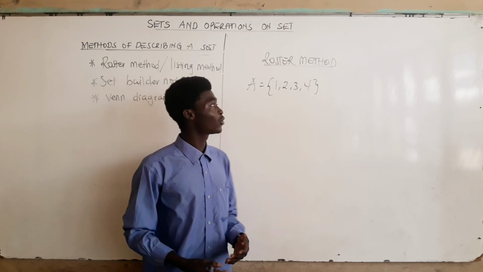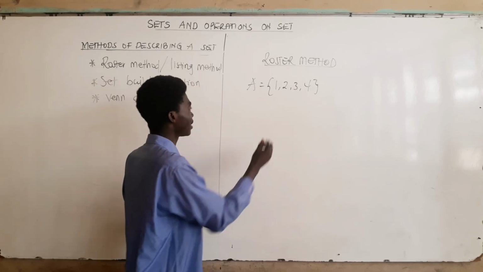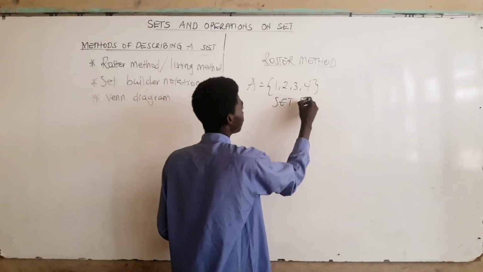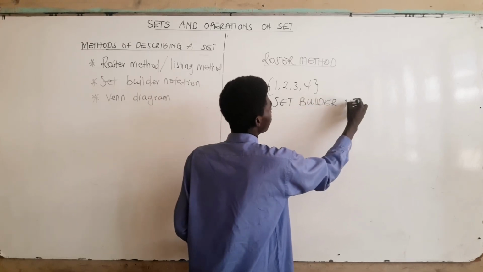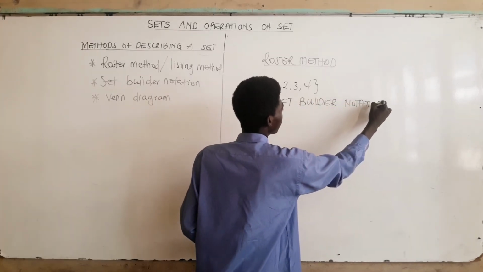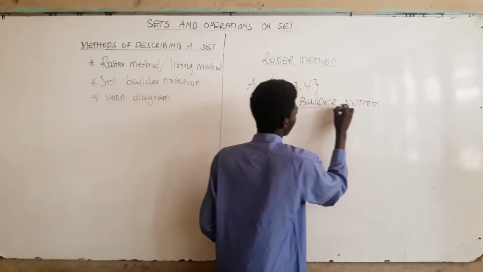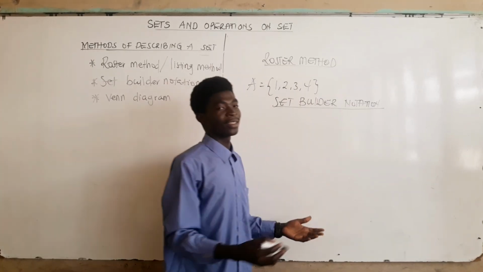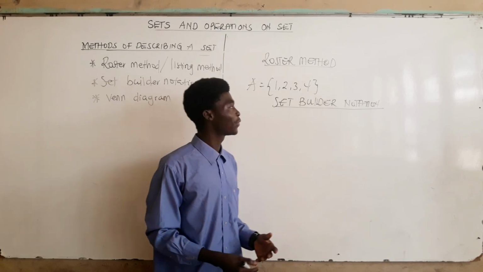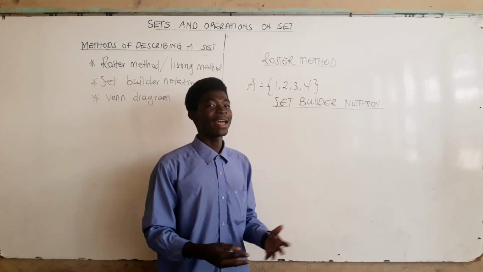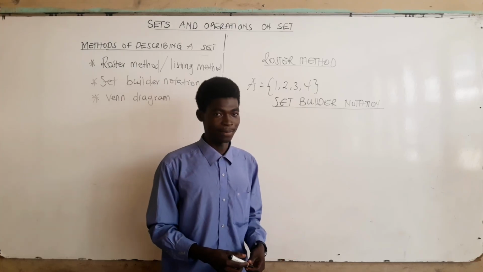Now let's go straight to the second one, the set builder notation. With the set builder notation, the elements of the set are described by the property that characterizes them.